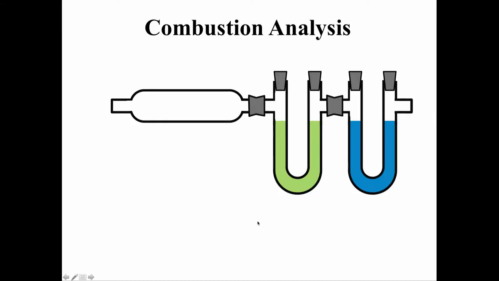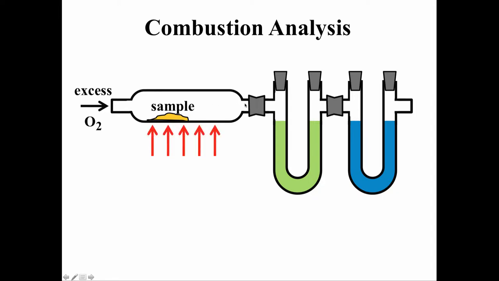First of all, here's a schematic of how combustion analysis works. We have a sample of our substance, in this case a small mass of propanoic acid. We run a lot of oxygen past it, so the sample is in a typically glass cylinder where there's an inlet and an outlet.